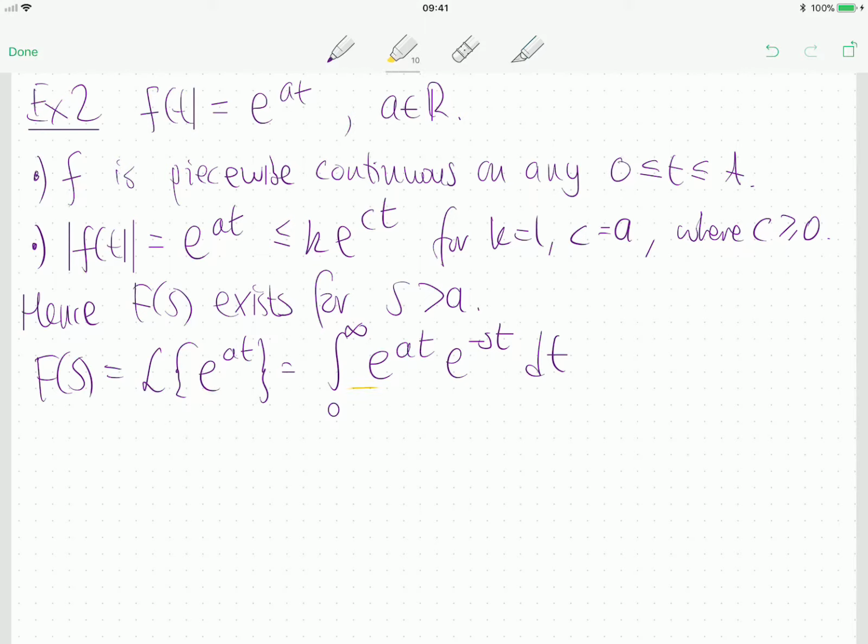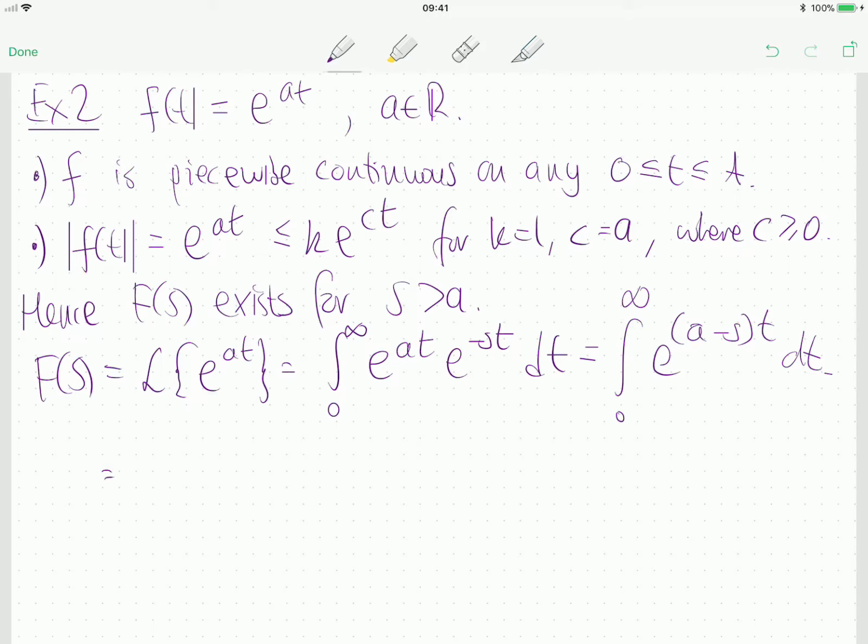So in here we should look to simplify. Let's do that next. This is just the same as e to the a minus s in a bracket times t, integrated over t.